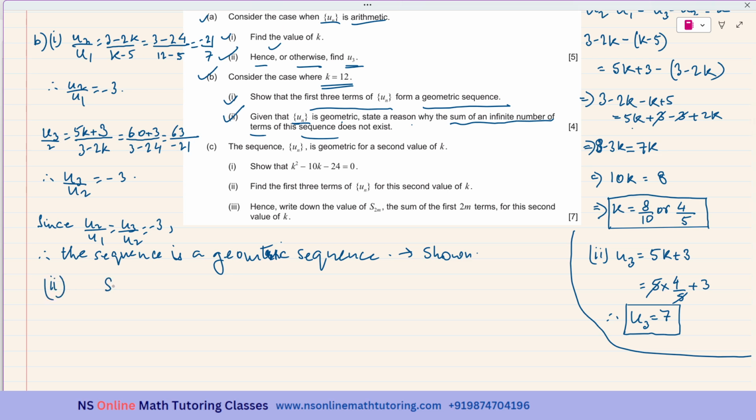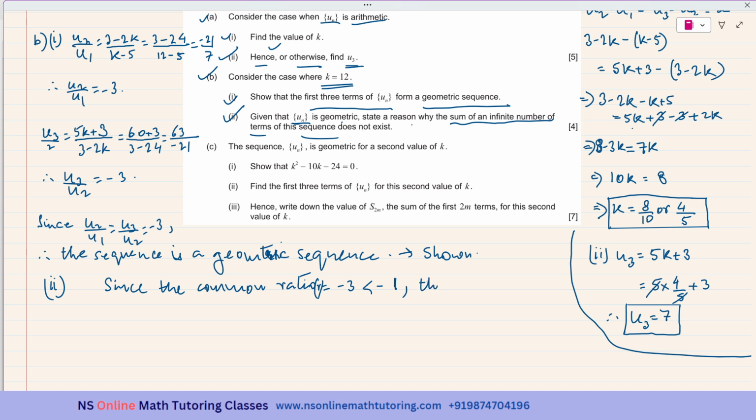Since the common ratio R is equal to negative 3, which is less than negative 1.